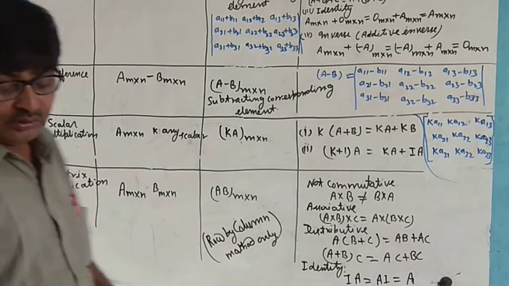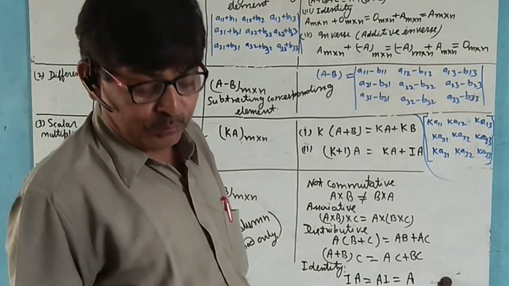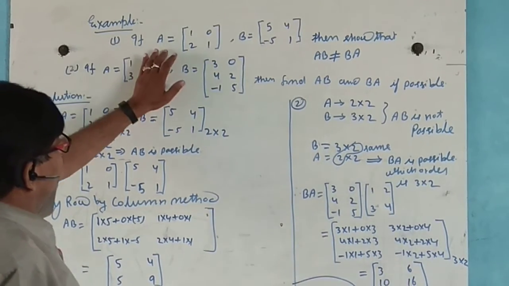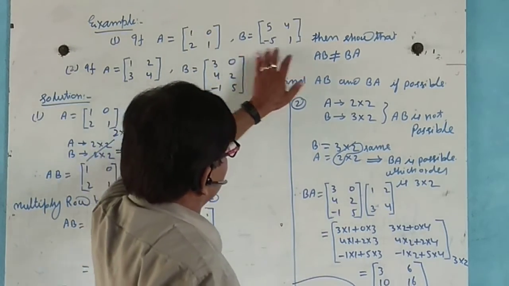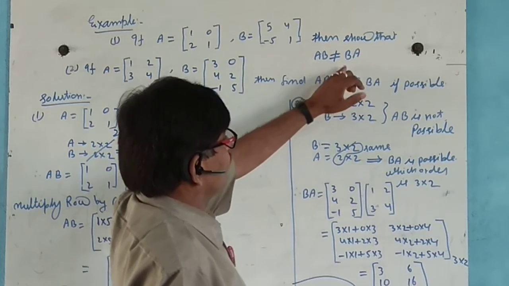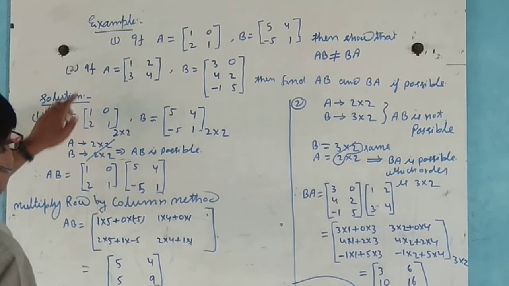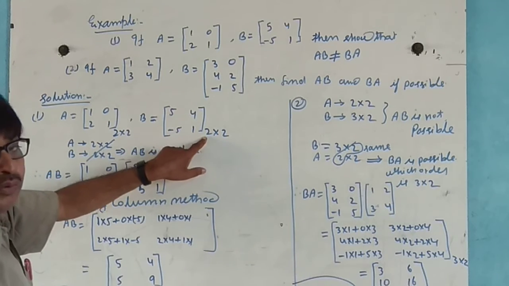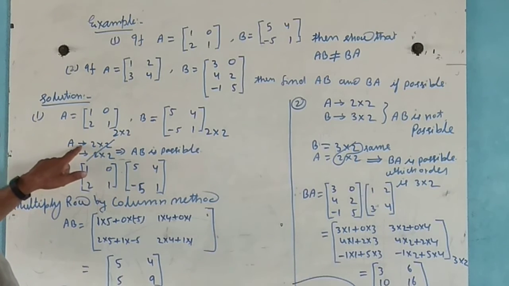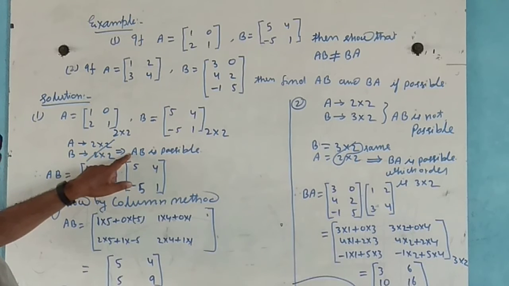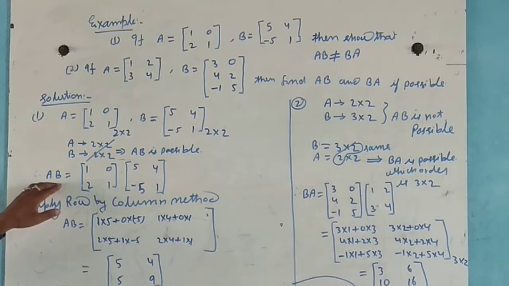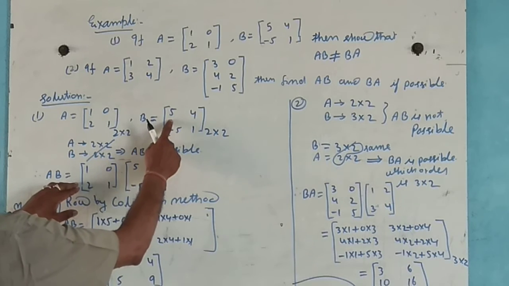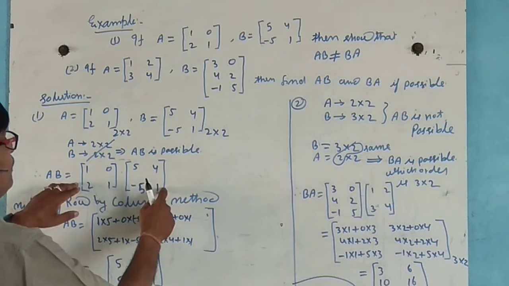Now we take another problem here. Example first: if A equals this, B equals this, then show that AB equals BA. Here matrix A is 2 cross 2, B is 2 cross 2, so AB is possible and BA is also possible. A is 1 0, 2 1 and B is 5 4, minus 5 1.